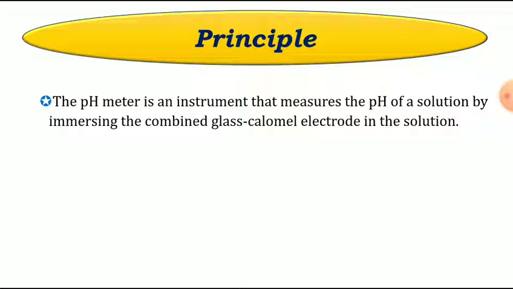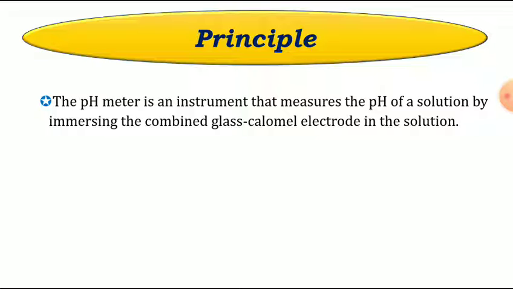The glass pH probe contains two electrodes. That means in the combined glass electrode there will be two probes or two electrodes. One is the sensor electrode and the other is the reference electrode. These electrodes are in the form of a glass tube, that's why it is called a combined glass electrode.